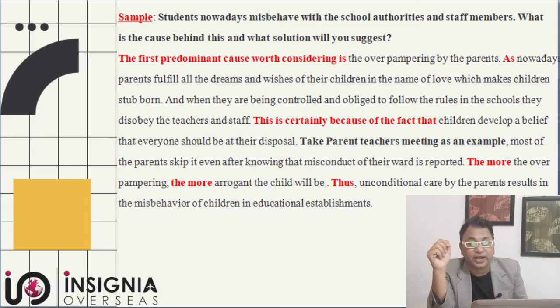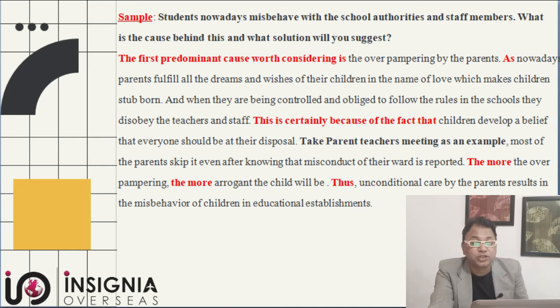This is my first supporting idea, starting with as, if, or when. It's your choice. You can use any of these. So I started with as. I read it again. As nowadays parents fulfill all the dreams and wishes of their children in the name of love, which makes children stubborn and arrogant.